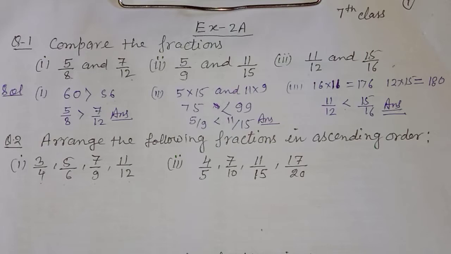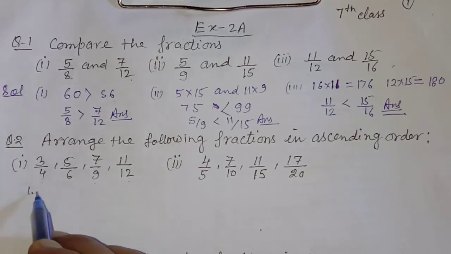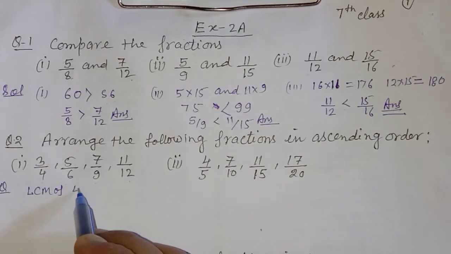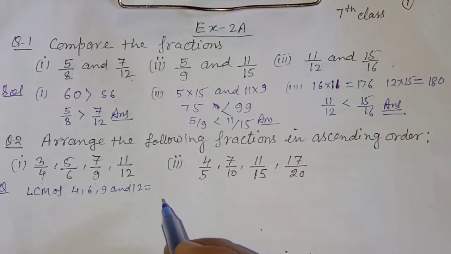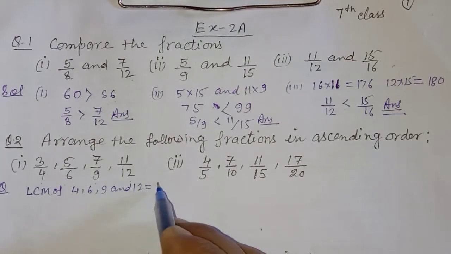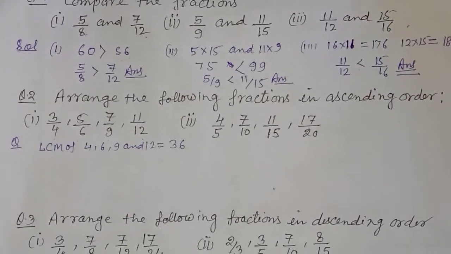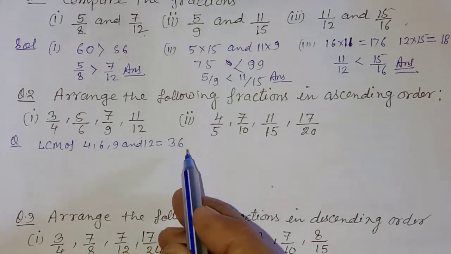When you take the LCM of 4, 6, 9 and 12, students, the LCM of these numbers is 36. Students, you can calculate it yourself. Okay, so the LCM of 4, 6, 9 and 12 is 36.